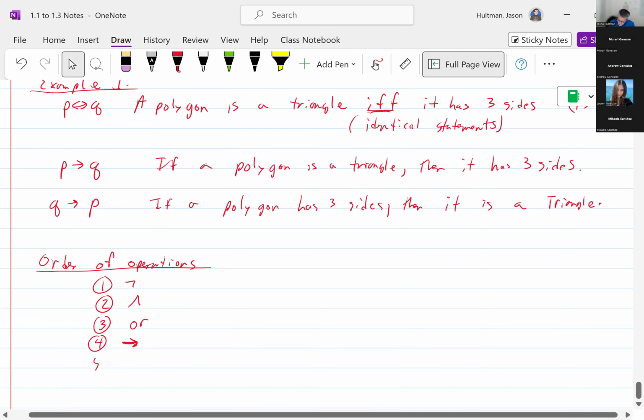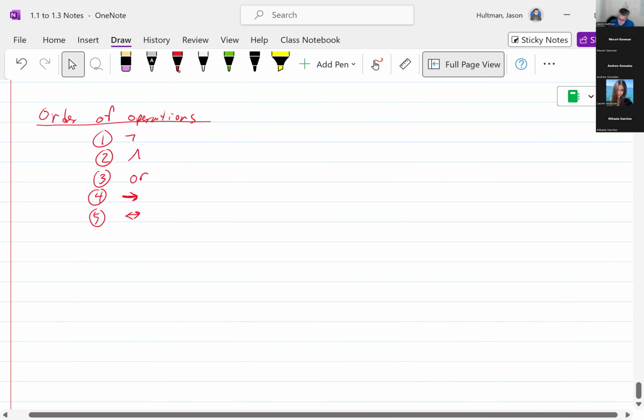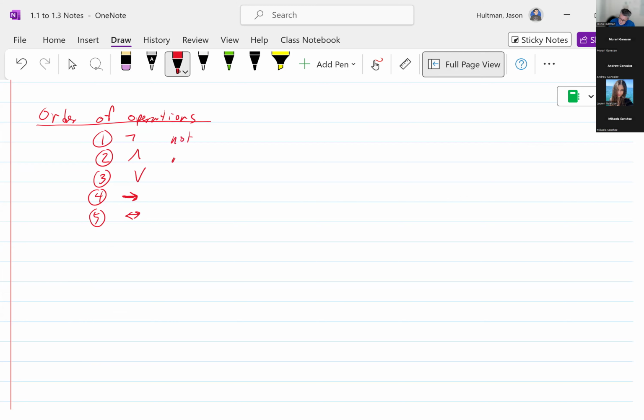And then 5 is our biconditional statement. So order of operations, unless there's parentheses. Not, and, or, if then, if and only if. Those are their English equivalents.